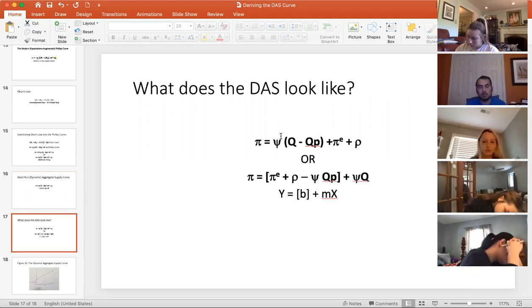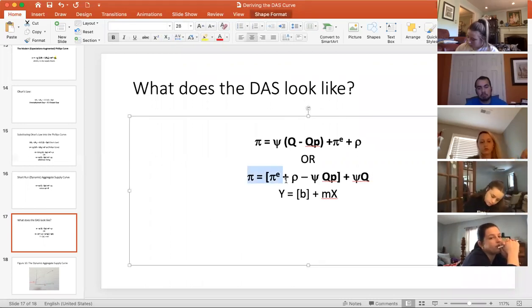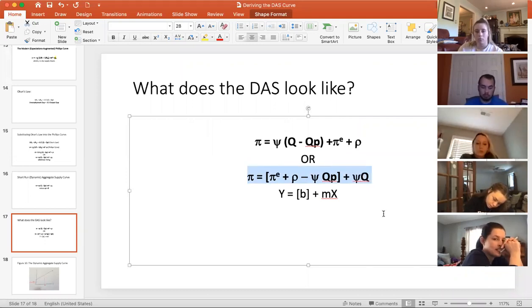This is the original equation, and here all I'm doing is expanding the output gap, and then separating the effect on potential output from the effect on GDP. And then I'm collecting some terms, and we end up right here. So this is what the aggregate supply curve looks like.